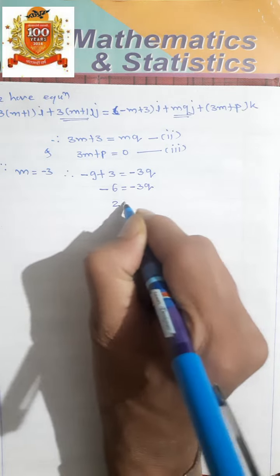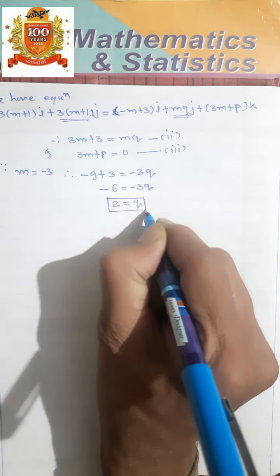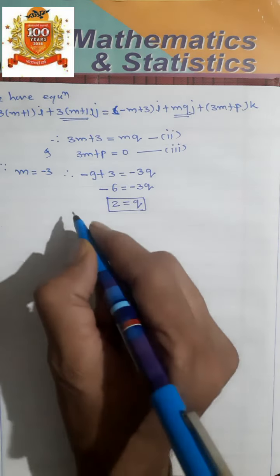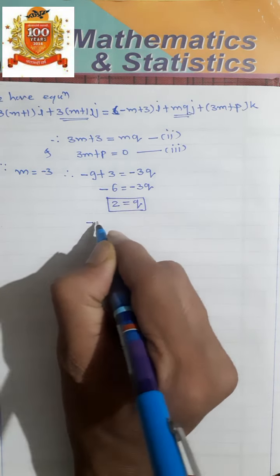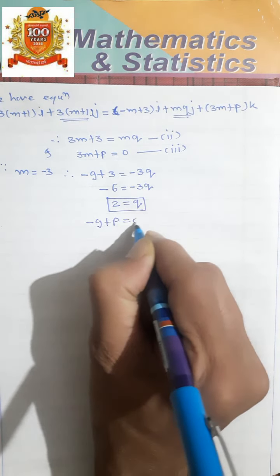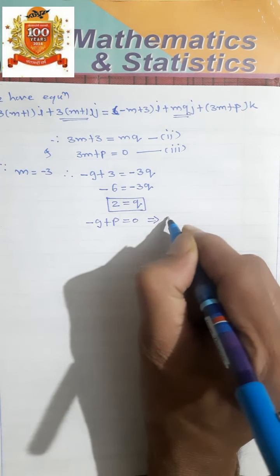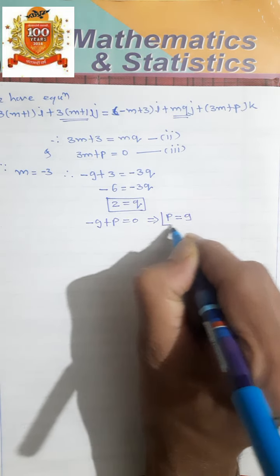Therefore 2 is equal to q. Value of q is 2. Minus 9 plus p is equal to 0, which implies that p is equal to 9.